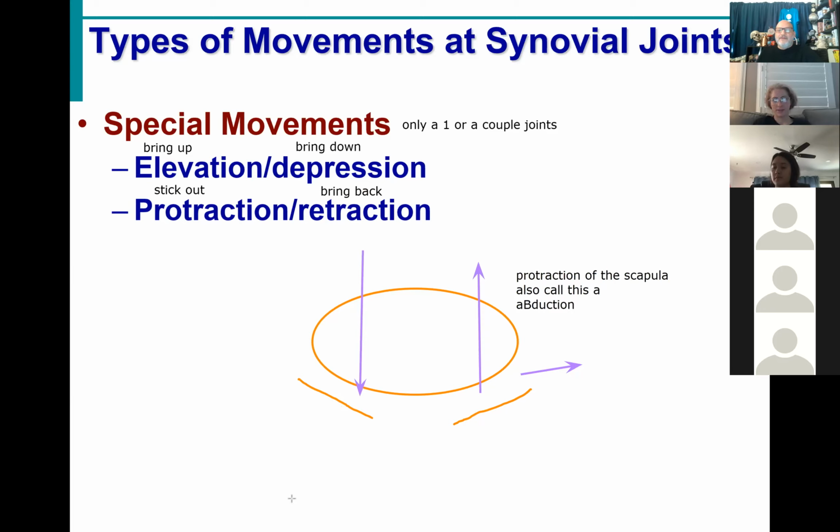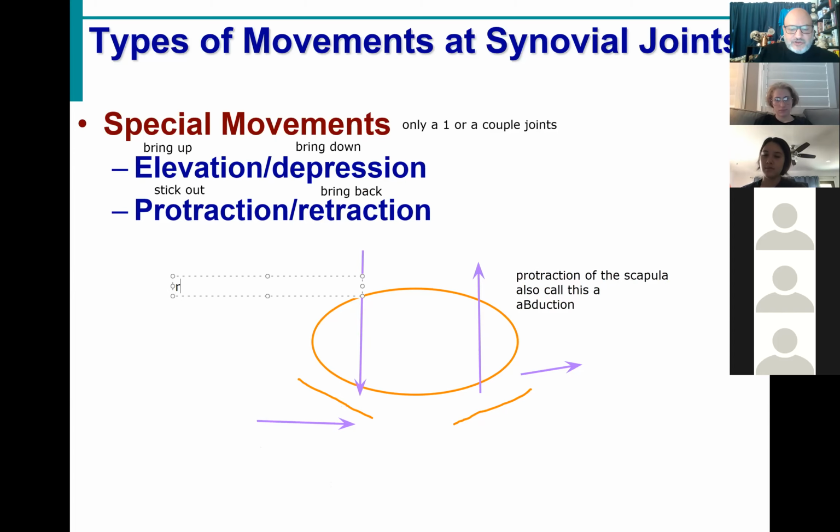Adduction. Yeah. If you were rowing, notice as you bring this back, you can feel the muscles bunching up behind you in your back. That's because as you are retracting the scapula, you're also bringing it towards the midline.